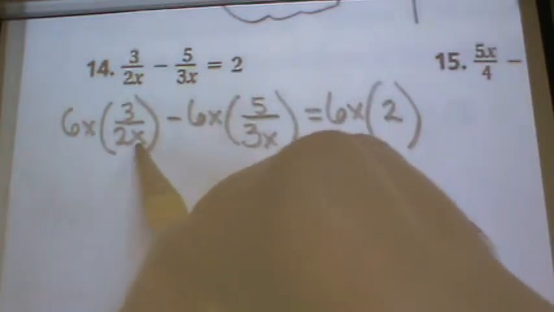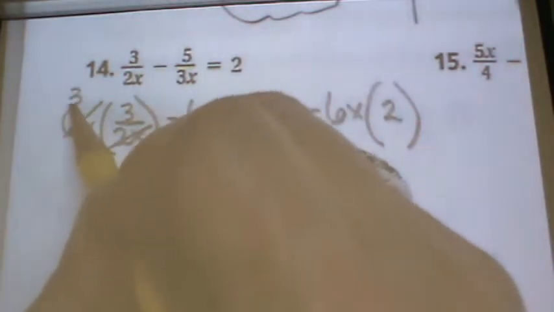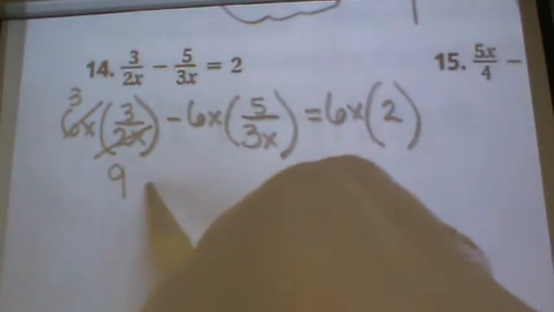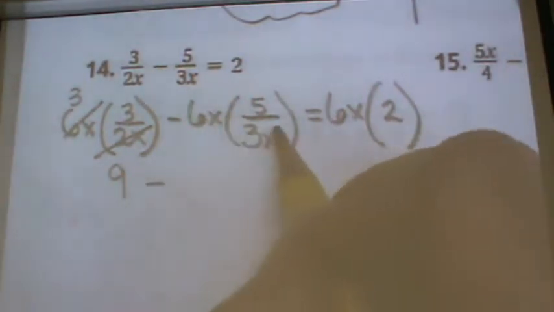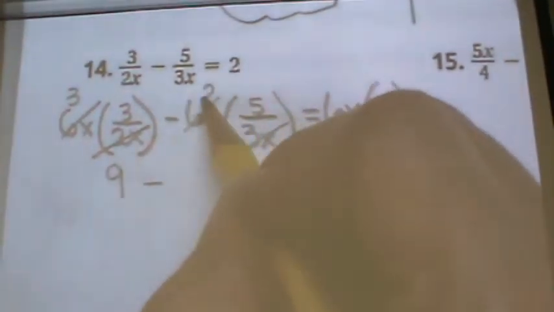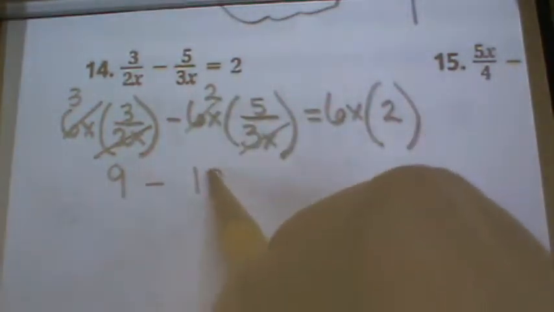What about the x's? They cancel. So this whole thing is 3 times 3, which is 9. What about this? X is canceled. 3 goes into 6 twice. What do you have? Negative 10.